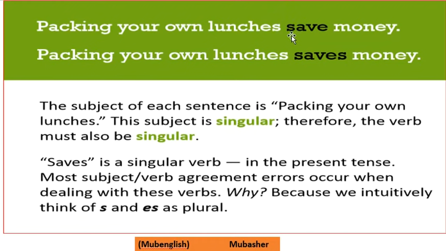So when it comes to verb, sometimes we are confused because this is quite opposite to the nouns. So when we are using the save, this is now the plural verb and saves is a singular verb. As we know, in the present tense we use s or es form with a singular subject. So that's why this is at the moment singular verb and this is plural verb. So sometimes we are confused that okay, this is plural now and we are using saves, that is plural again.